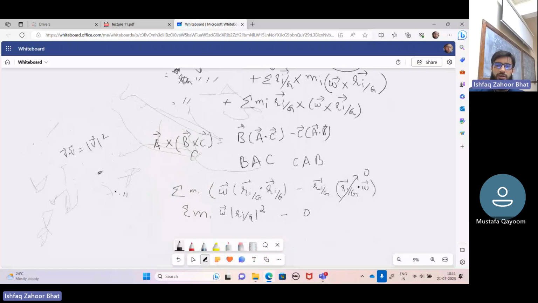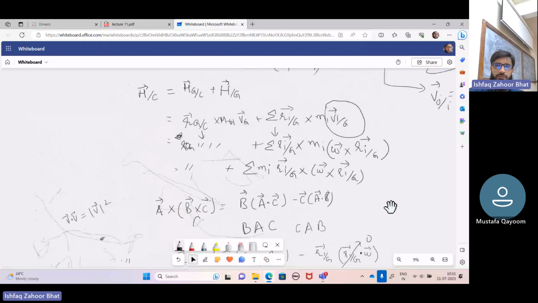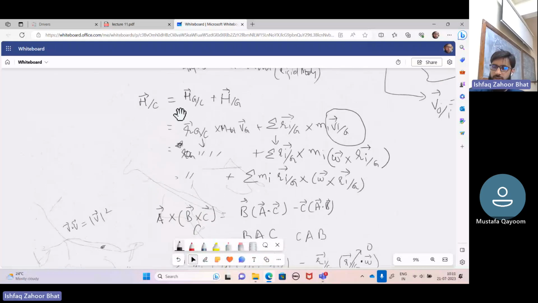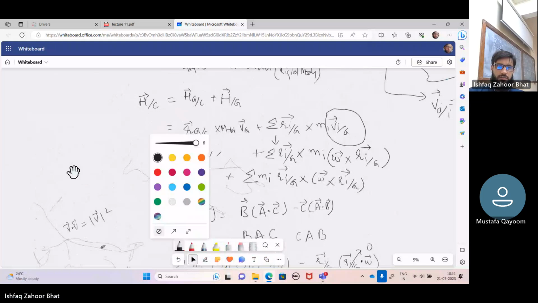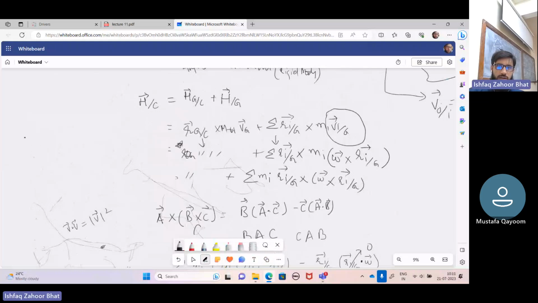So we are left with h with respect to c, which is nothing but r g c cross m total vg, plus.